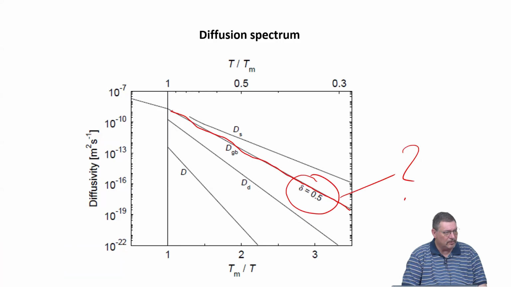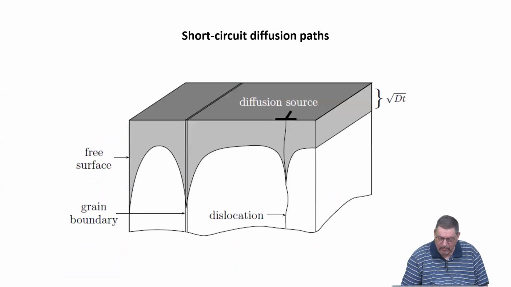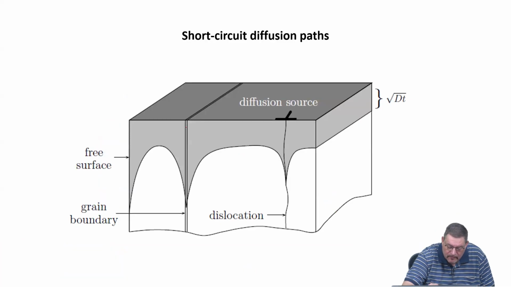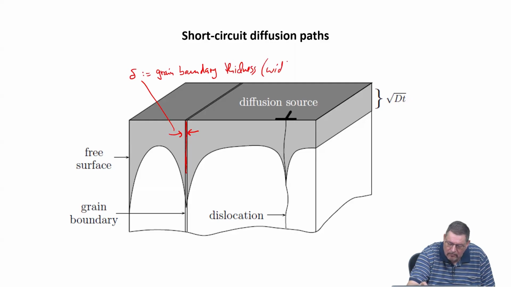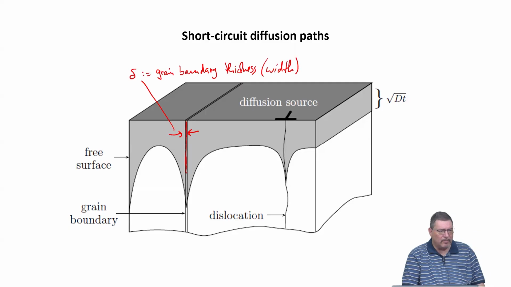When we think about this grain boundary diffusion process, there is a geometric feature coming into play, right? It's the grain boundary thickness or width. How wide is a grain boundary?